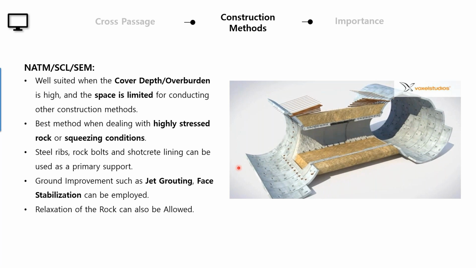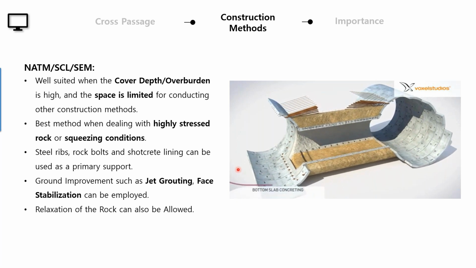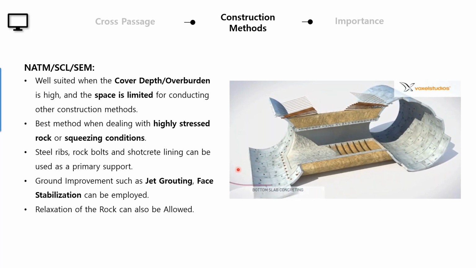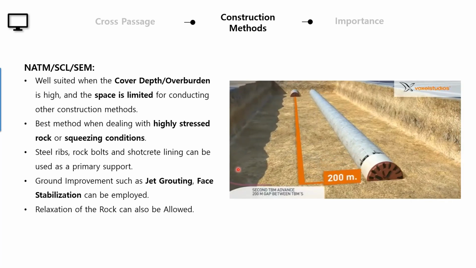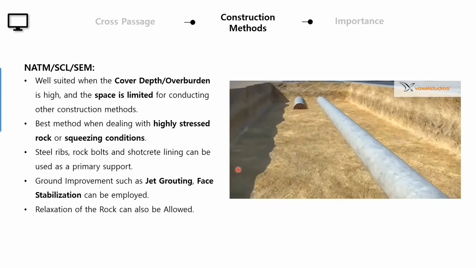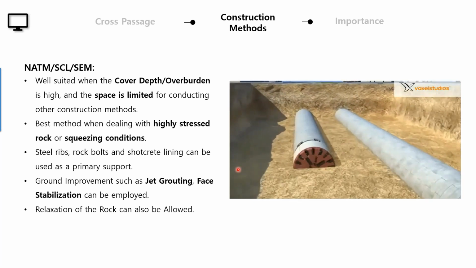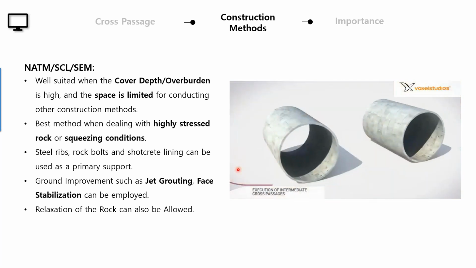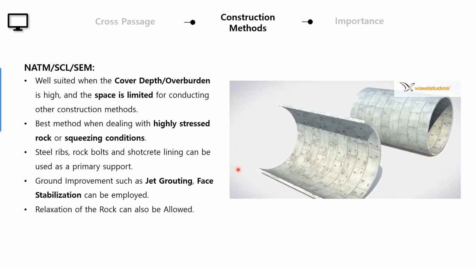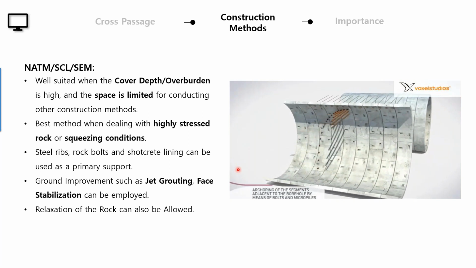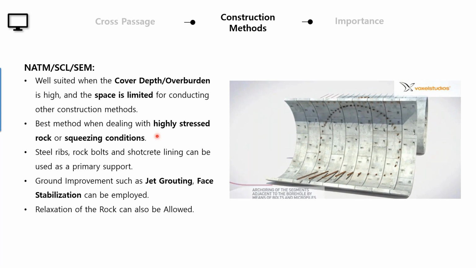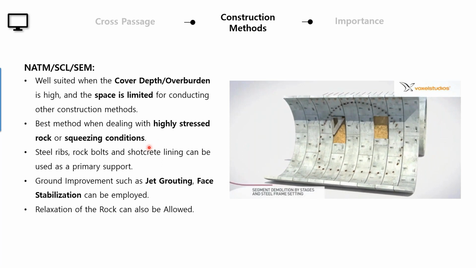Also, this is best suited when you're dealing with squeezing conditions like in the Himalayan region or maybe the Alps region in Europe, wherein you have huge in situ stresses, with an overburden of, let's say, 1 kilometer or 2 kilometers, and the rock is experiencing huge in situ stress or squeezing condition. In that case, yeah, this method will be very helpful.